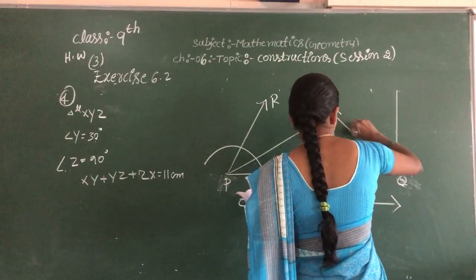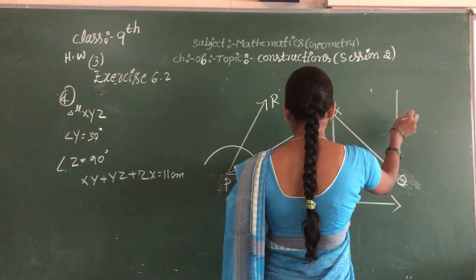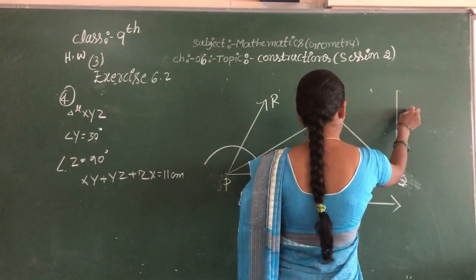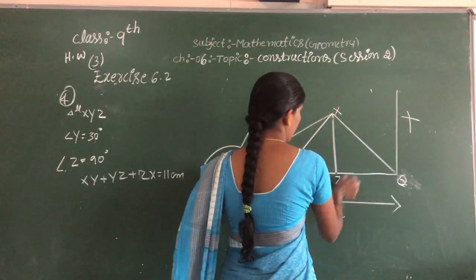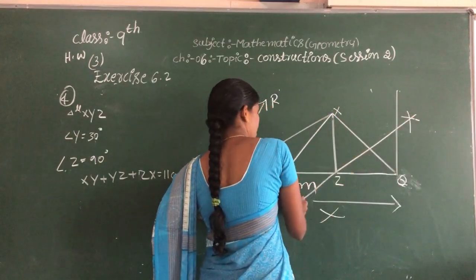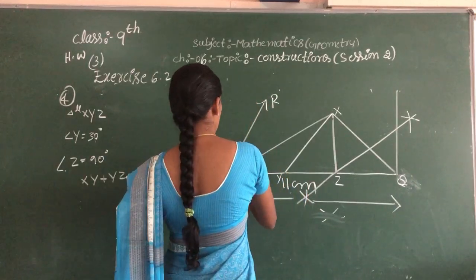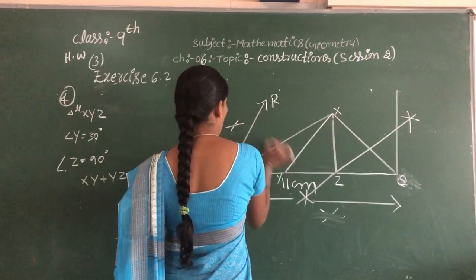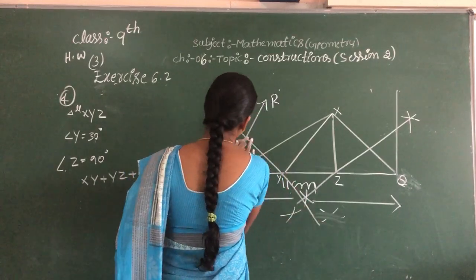Next, how to cut half? Here one R and here one R and two R. Join this R. Okay. Next, we should cut here one R and here one R. Downside also cut two R. We should join.